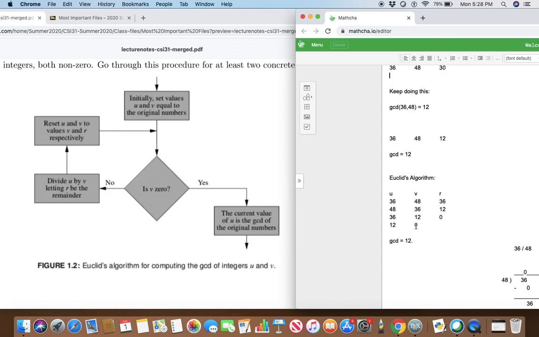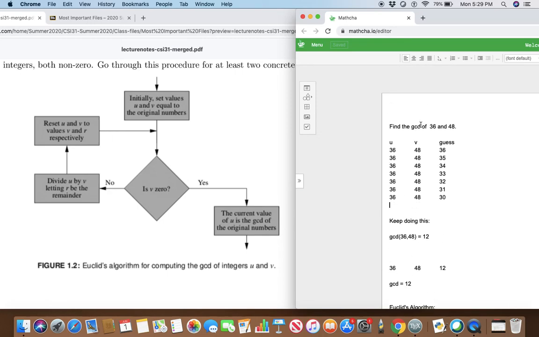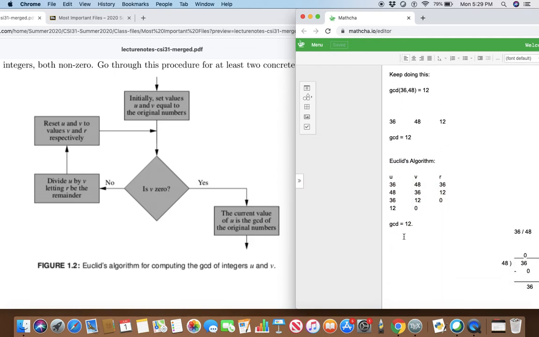Whereas Euclid's algorithm, within a few steps, I got the answer. Mind you, when you work on GCDs, these two numbers were easy numbers. You could have had very large numbers. Find the GCD. Euclid's algorithm is very powerful.